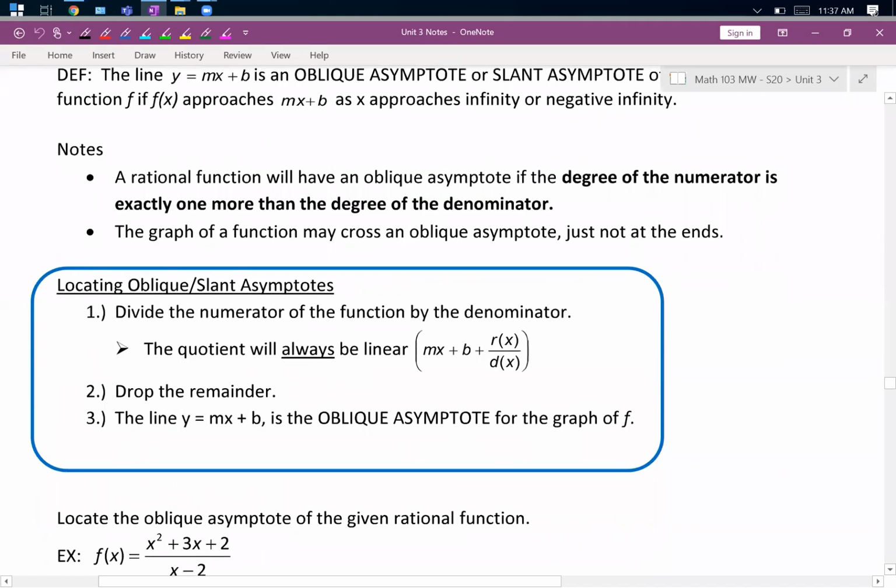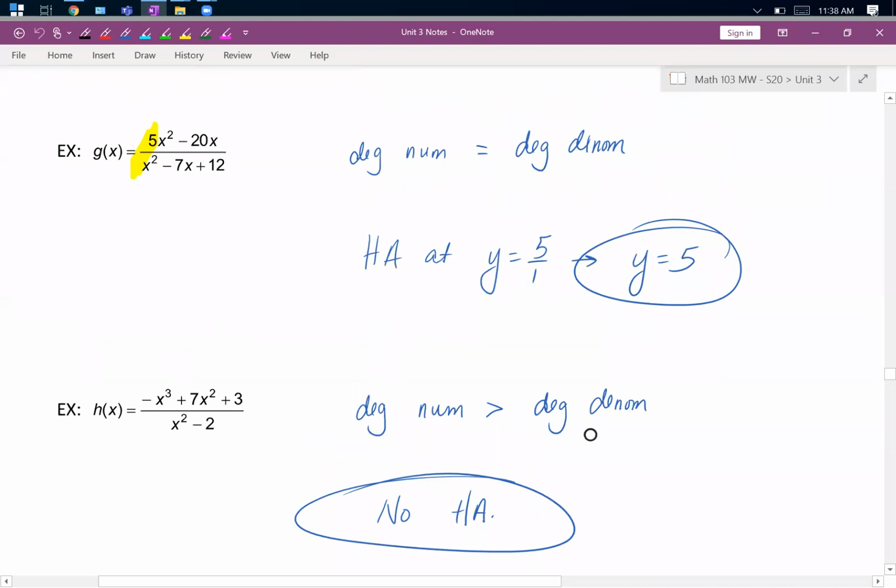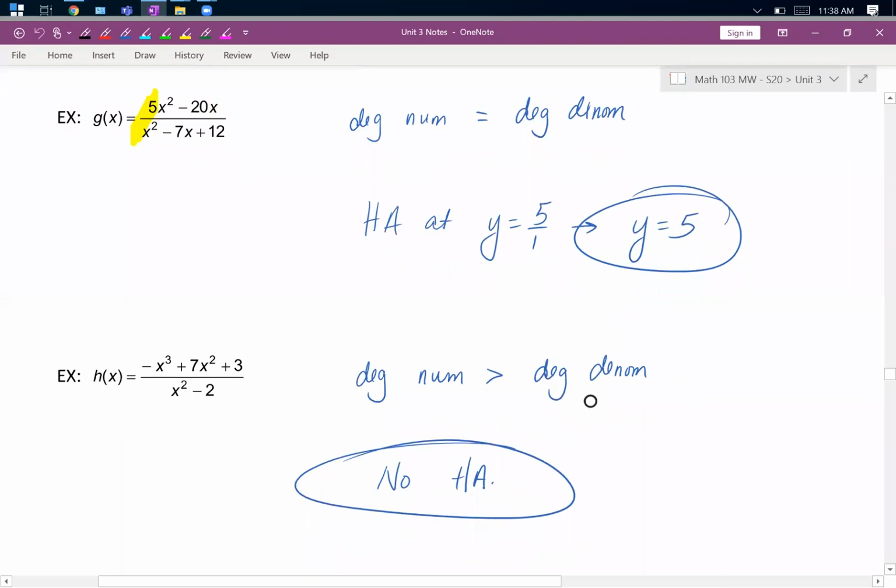So how do we go about finding our oblique asymptote? We're actually going to divide. Since the degree of the numerator is 1 larger, we can perform division, like this one right here. We could do long division there and divide the numerator by the denominator.